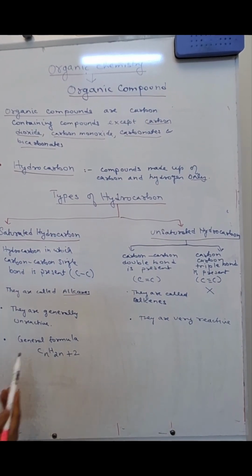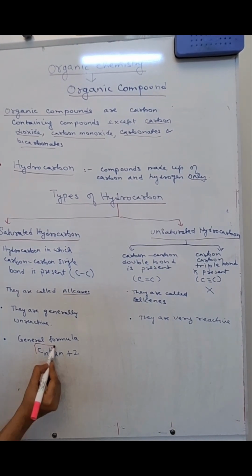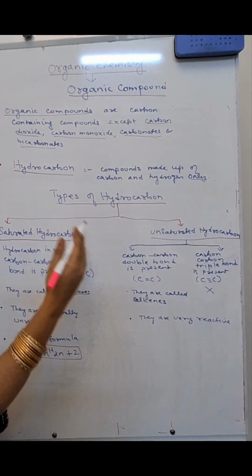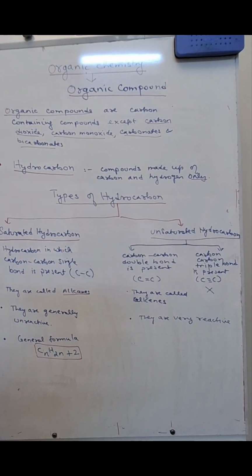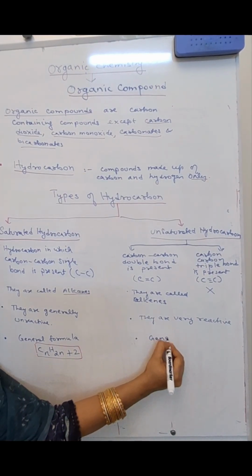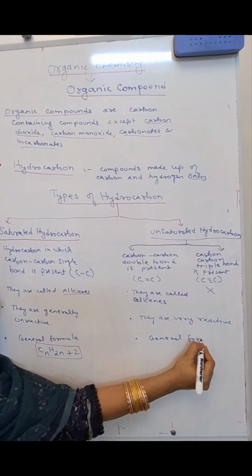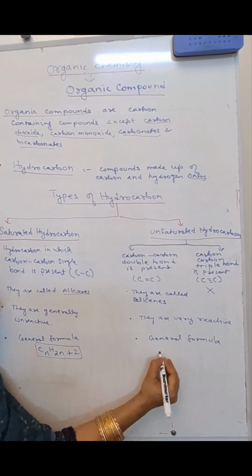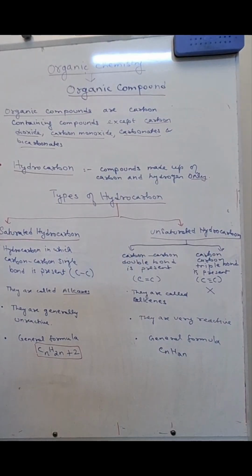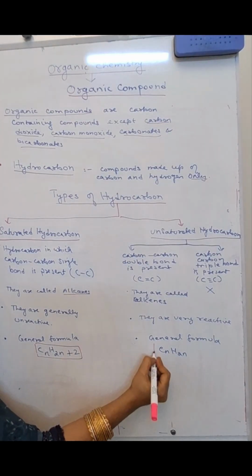Now here I am just telling you about the general formula. Details of the general formula we will do in our next board work. The general formula for alkene is CnH2n.